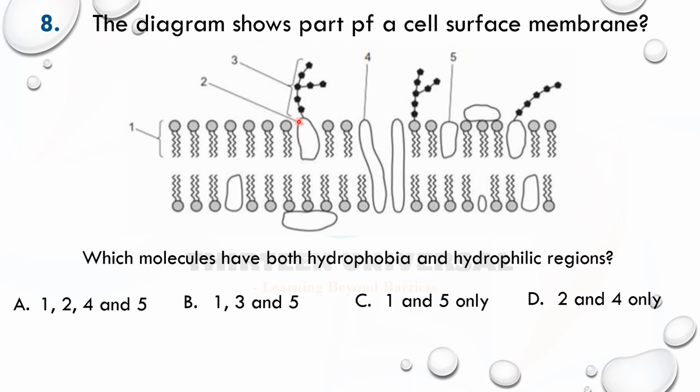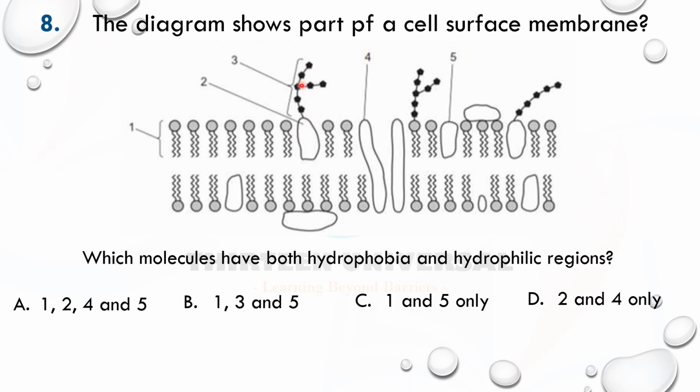So it has hydrophilic and hydrophobic regions. So 2 is correct. Let's look at the options that have 2. This doesn't have 1, this is eliminated, this is eliminated. So we narrow it down to A and B. Now 3 is the glucose chain. Can you see it? That makes this entire structure a glycoprotein.